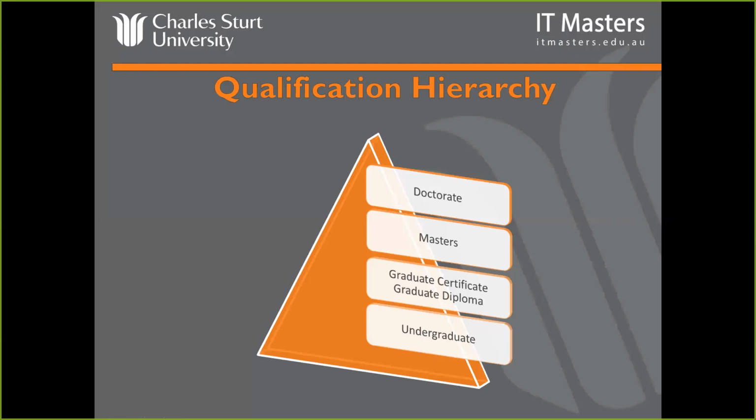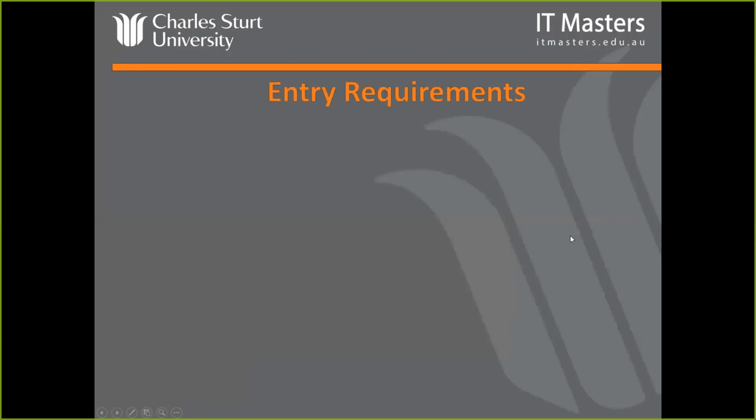A graduate certificate is typically 4 subjects, a graduate diploma, 8 subjects. Then you're moving up to the top of the hierarchy, a master's degree, which is what we're talking about here. And for those who want to go even further, there are doctorates, where you get to be called doctor and to submit a massive research thesis for those of you who want to go down that path. But in terms of coursework programs, master's is pretty much at the top of the academic hierarchy.